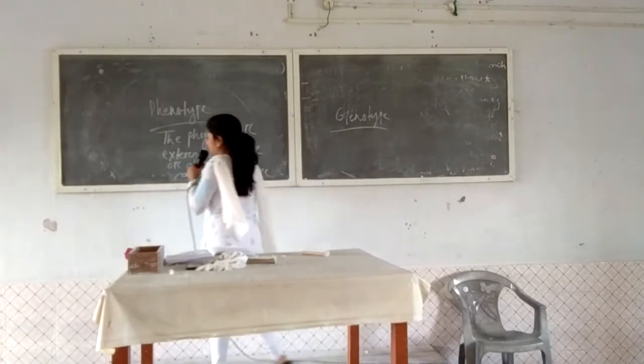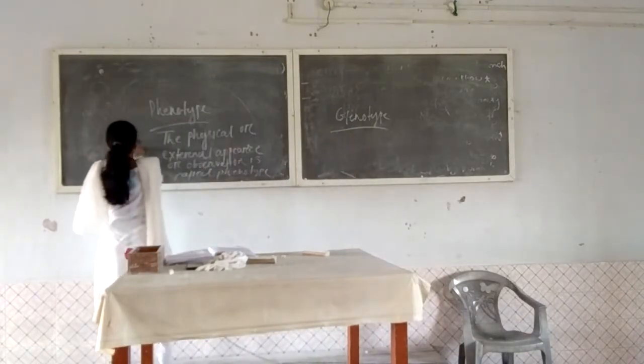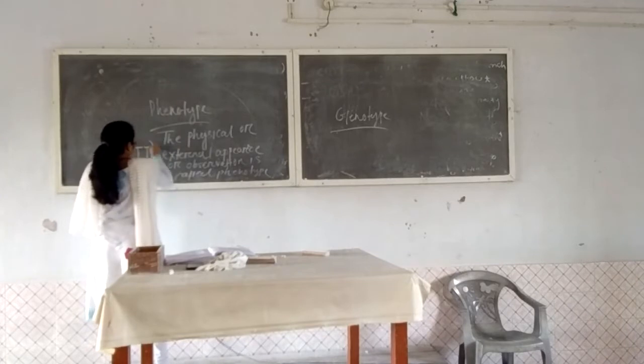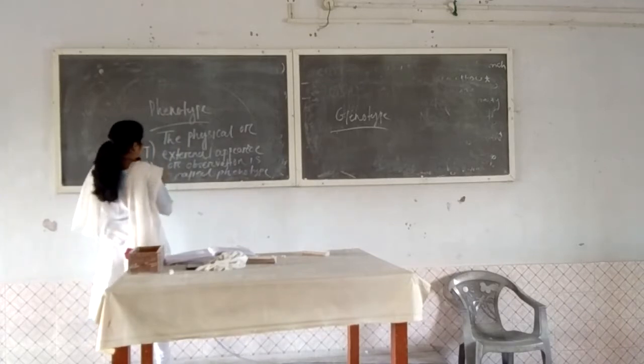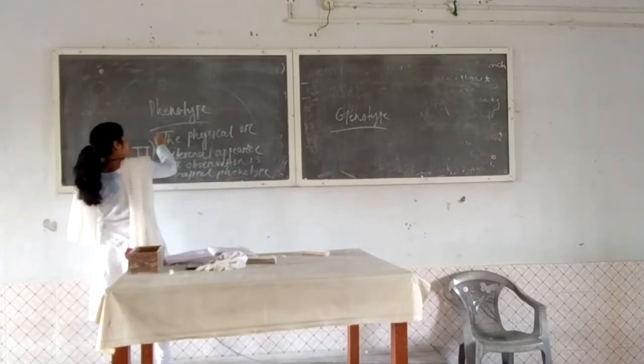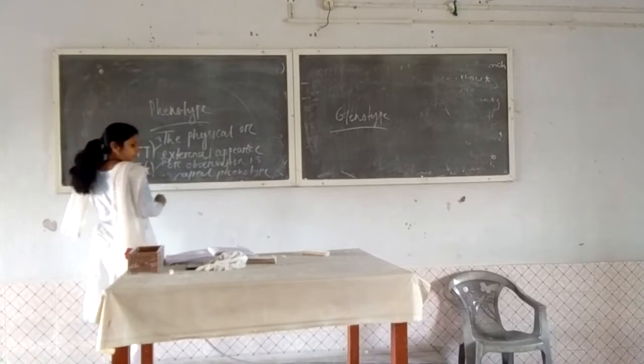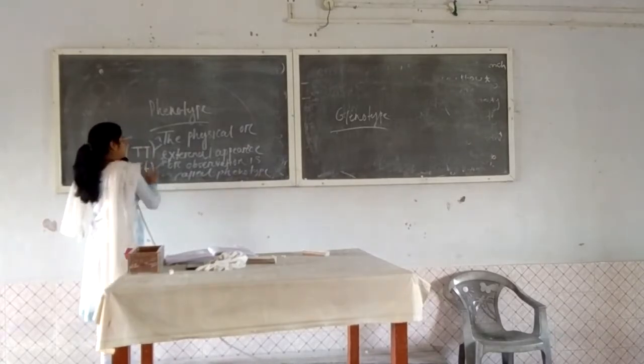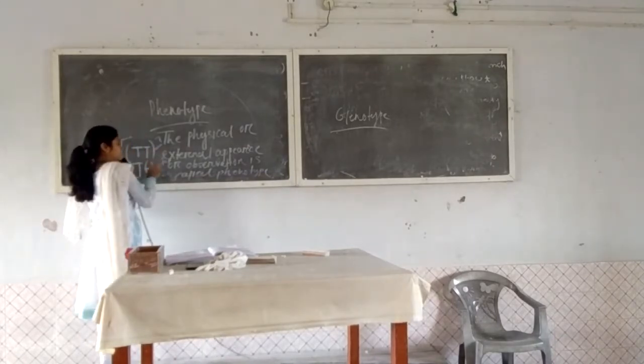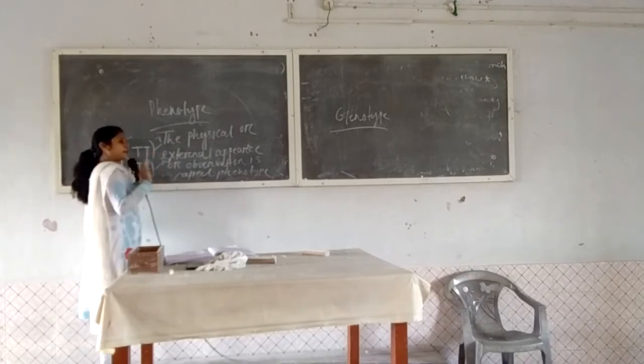If one plant is tall, then the symbol is capital T small t, capital T small t. Both are tall. So this plant is tall and this plant is also tall. Phenotypically these plants are similar because both look tall.